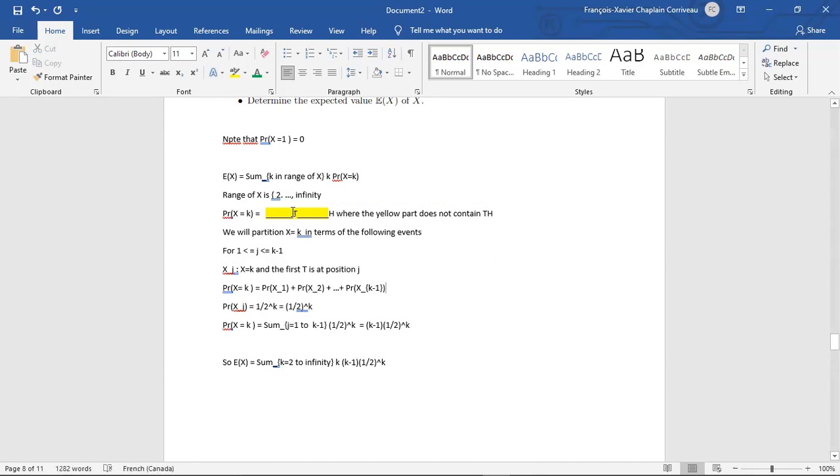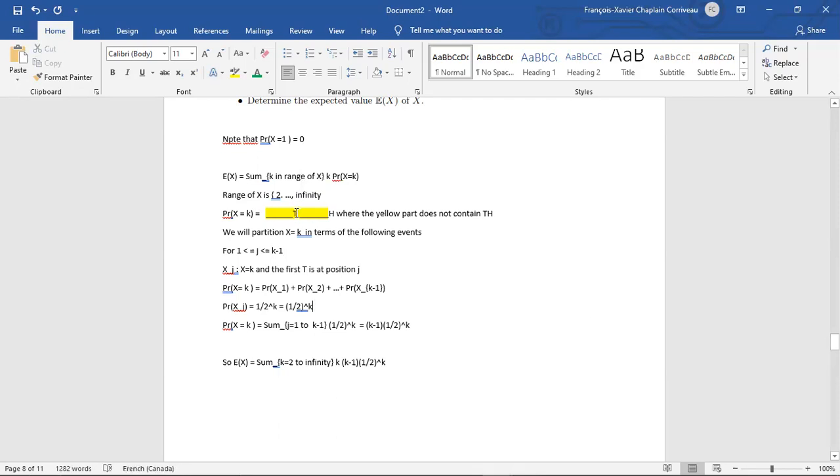So now I'm counting how many sequences do I have like this. Well, I only have one of them. Why? Because if this is my first tail, it means that this part was all heads, and if this was my first tails, then I have a head after it, and this would not be my first head.